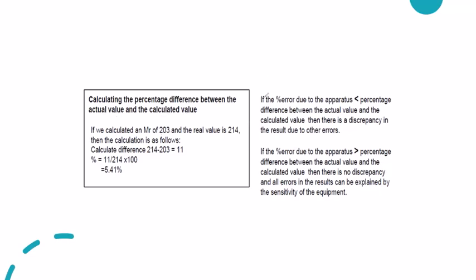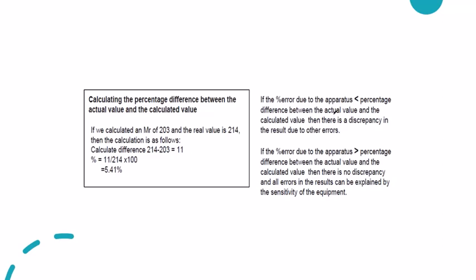So how do we know whether the error in the experiment, like error in the value, is due to the apparatus or due to the experimental technique which we use? When we calculate the percentage difference, the percentage errors for all the apparatus are summed, and that will be the total percentage error.